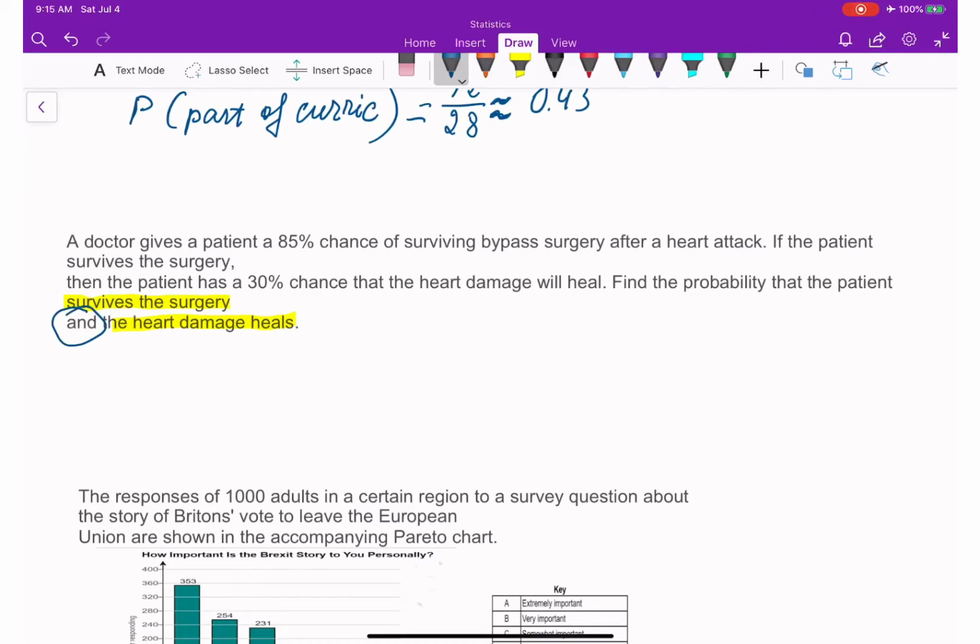When we have "or", we add. We find the probability of surviving the surgery, the probability of the heart healing, and multiply both.